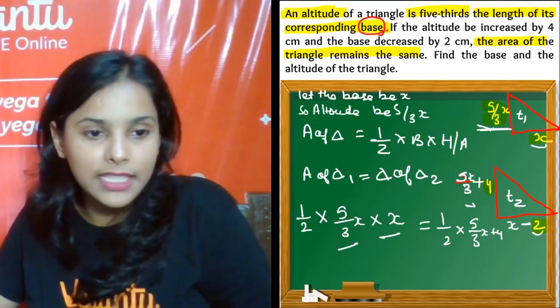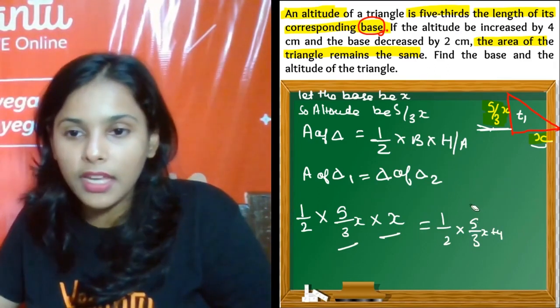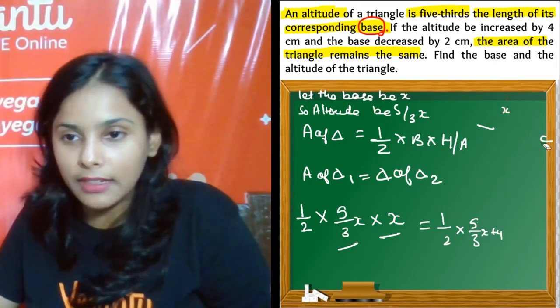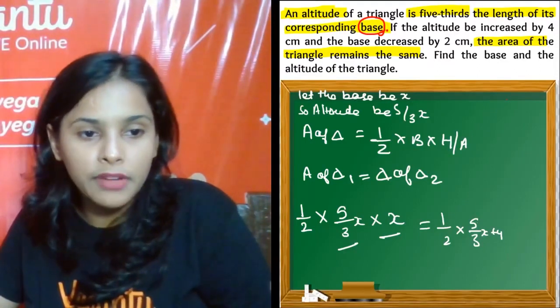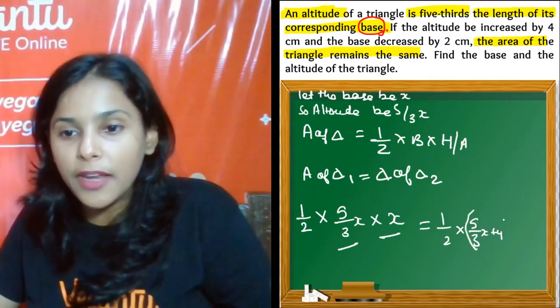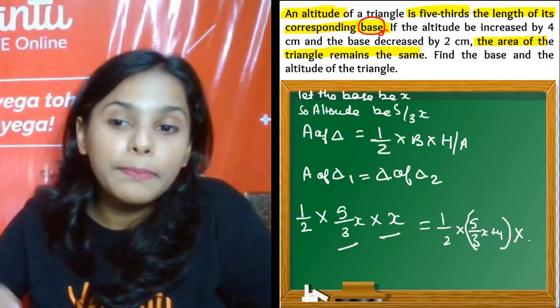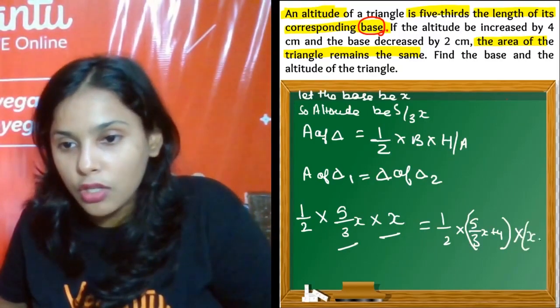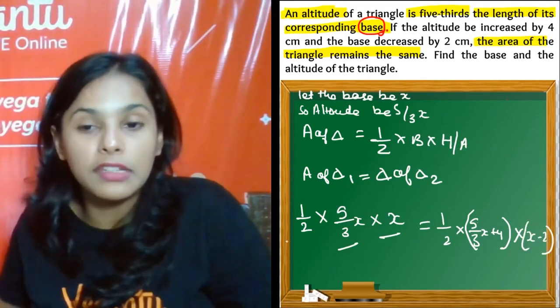Let me erase this triangle so that there is no confusion. Okay, I hope it is clear to everyone. So now let us quickly write down whatever formula we have got. 5 by 3x plus 4 multiplied by what was the base? x minus 2, because you have decreased the base by 2 according to the question.